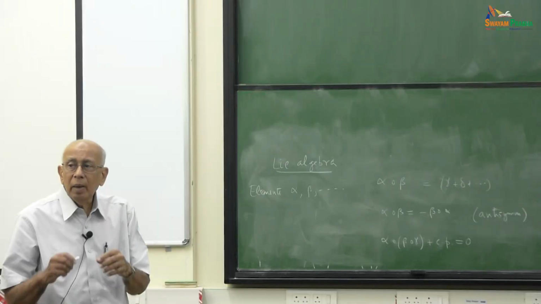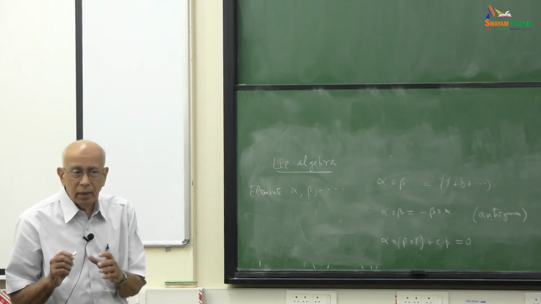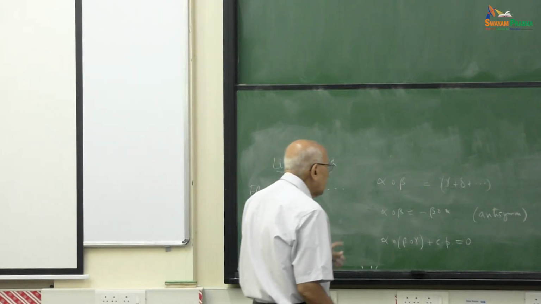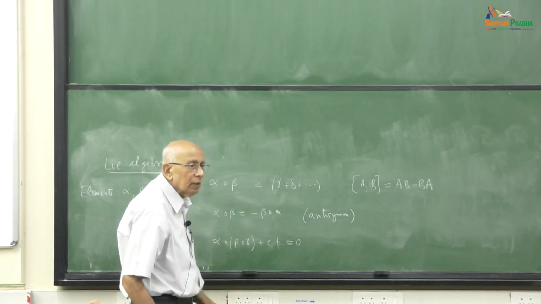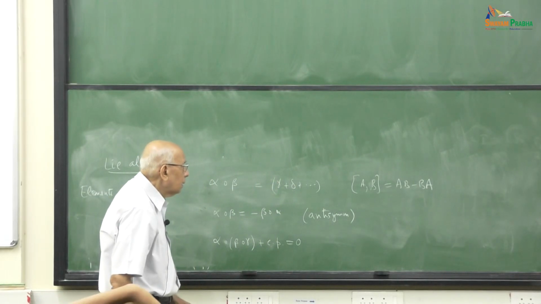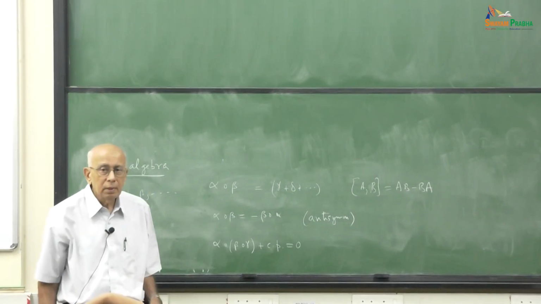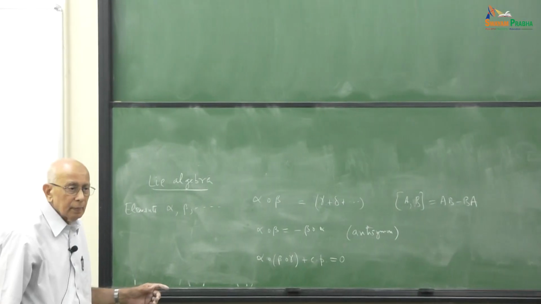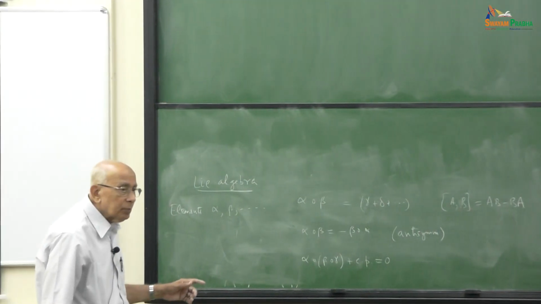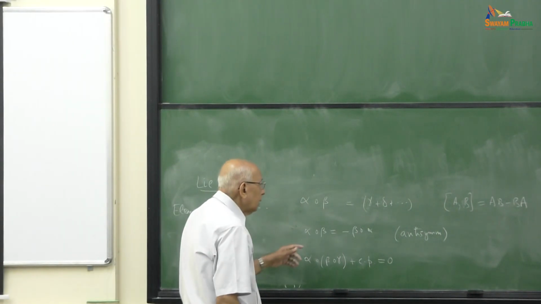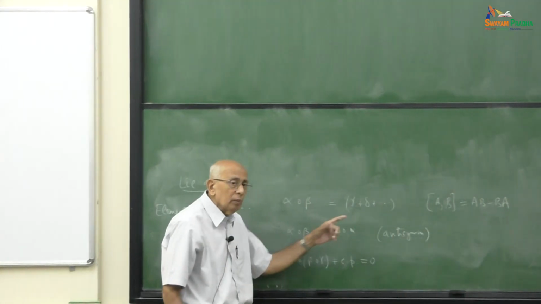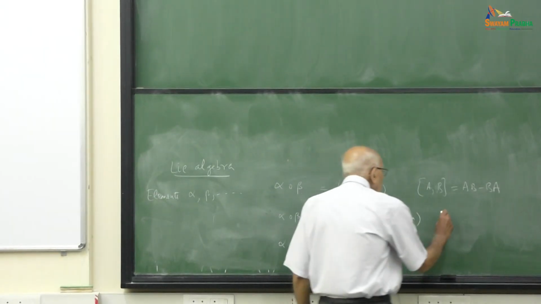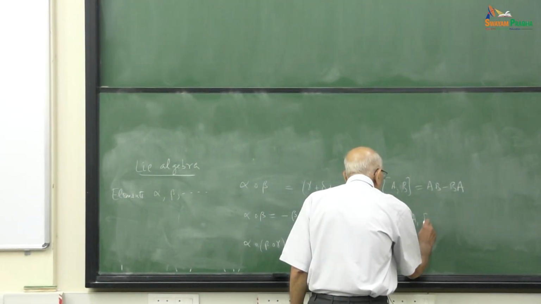If you take n by n matrices, and I define the composition law to be the commutator in this fashion, then these postulates are satisfied. Do you agree that A commutator B is minus B commutator A?